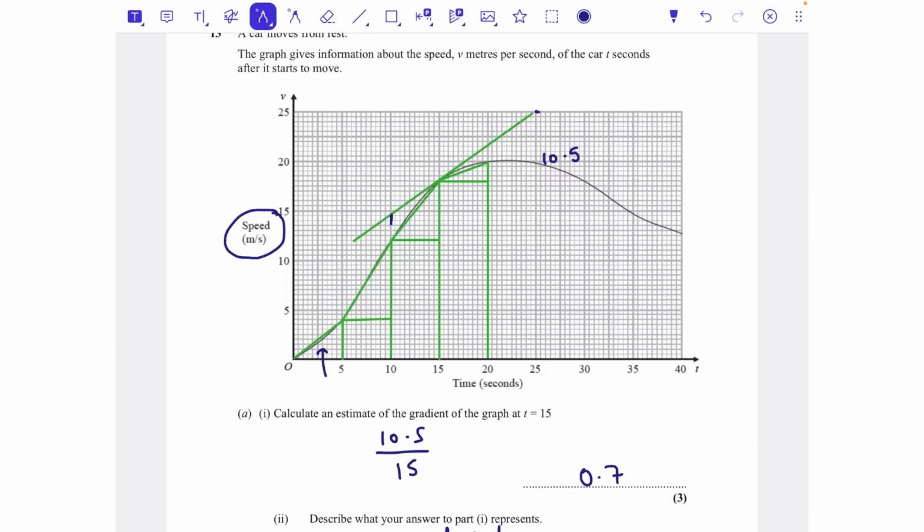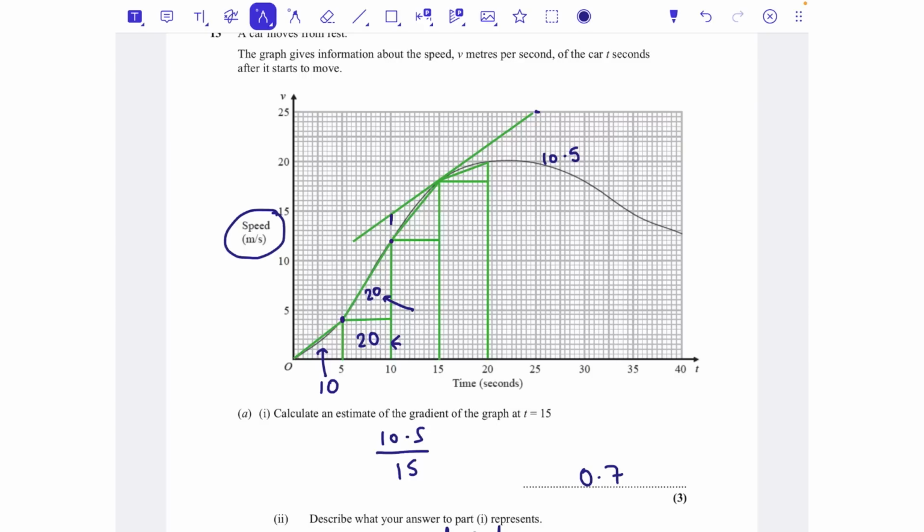So for this little triangle here, it's 5 wide and 4 tall. So 5 times 4 divided by 2, because it's a triangle, is 10. For this bit here, I've got 5 times 4, that's 20. And then for the triangle, we're going from 4 up to 12. So 8 times 5 divided by 2 is 20 for that section as well.